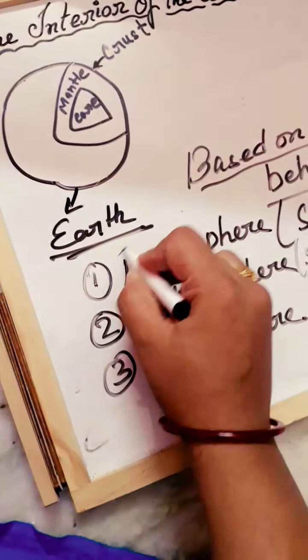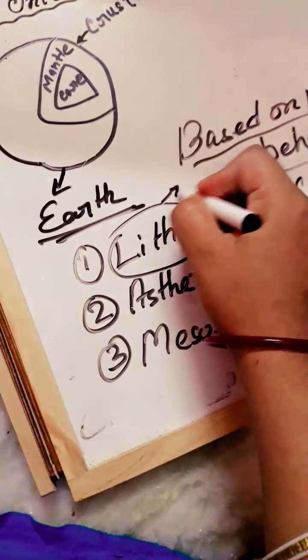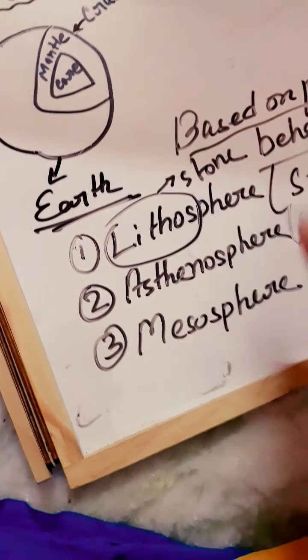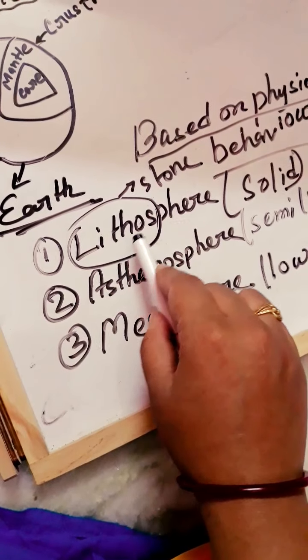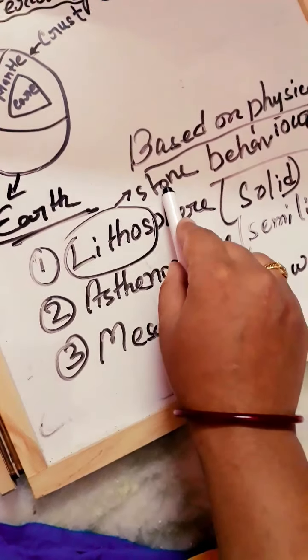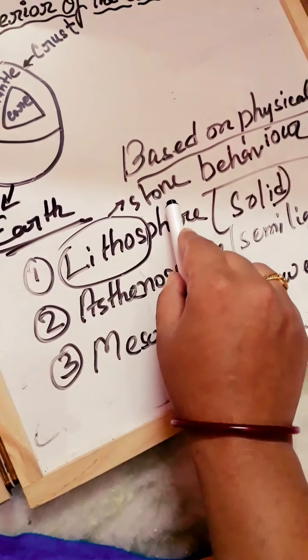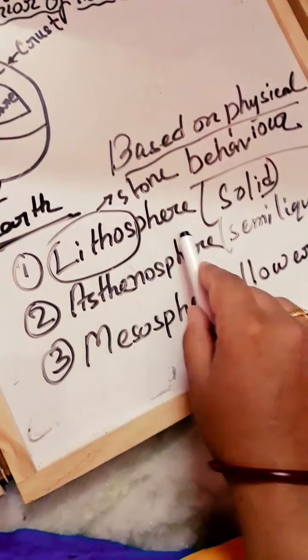Actually, lithos, L-I-T-H-O-S, means stone. So from this name we can understand that this layer is totally made up of stone or different types of rocks. So that's why this layer is known as lithosphere.